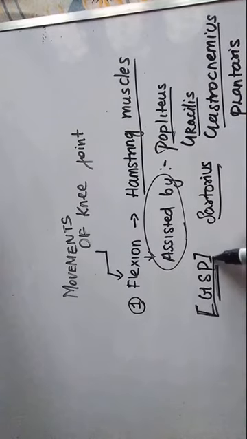Remember the mnemonic GSP. We know about GST, right? Just instead of T, write P. That's all. GSP. Next we are going to read about the extension and the muscles helpful in extension.